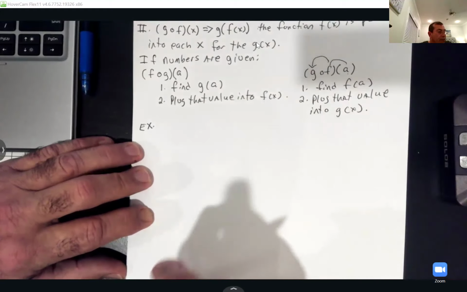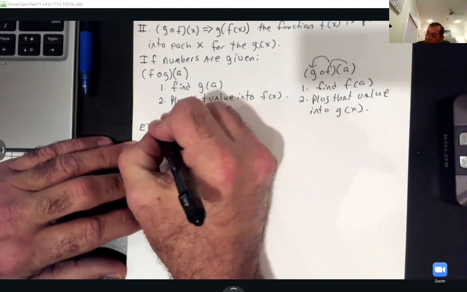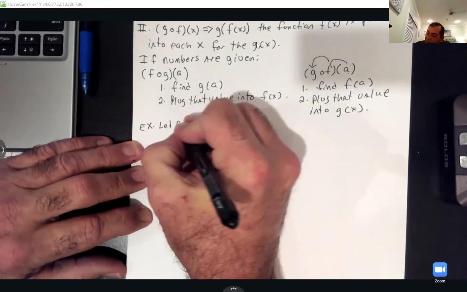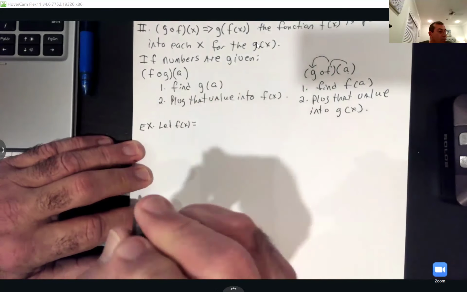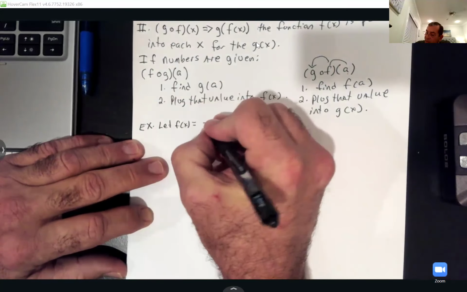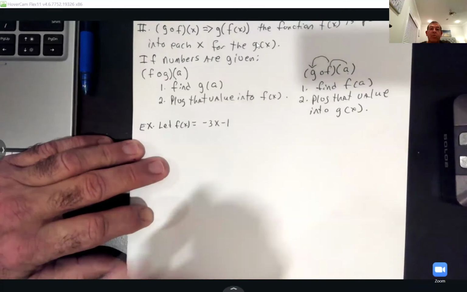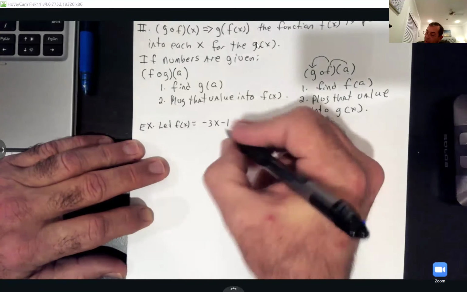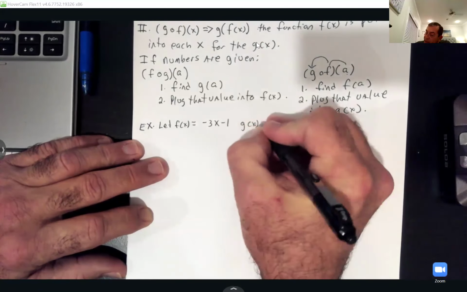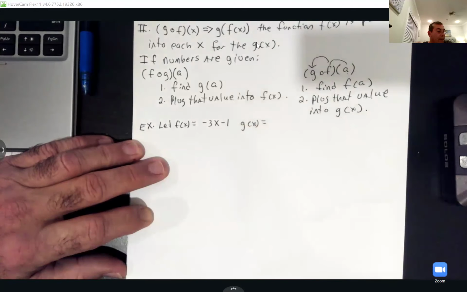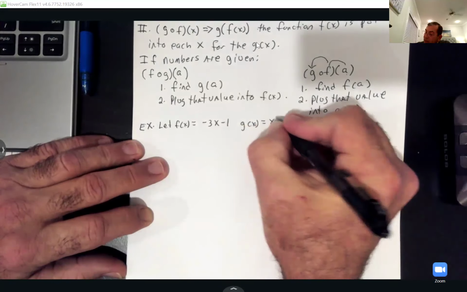All right, y'all. So for this first example, they want us to let f of x equal negative 3x minus 1. G of x is going to equal x squared minus 2.